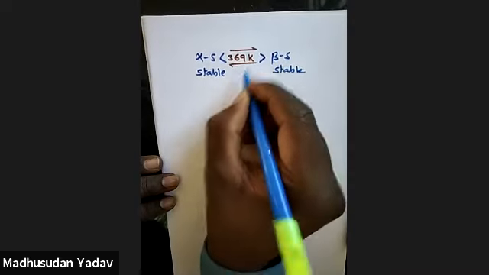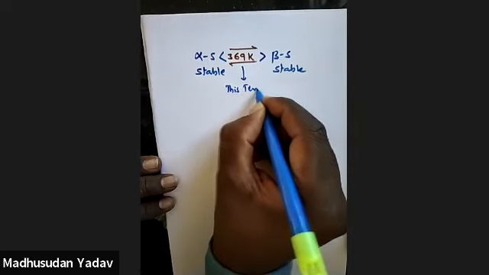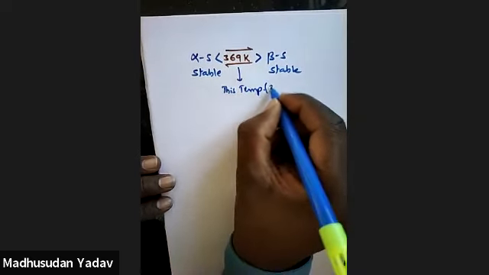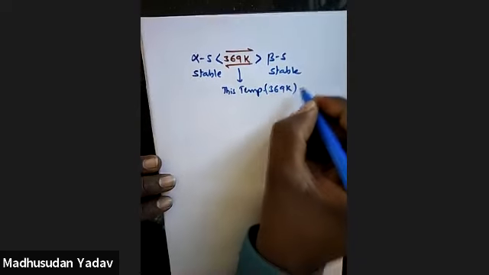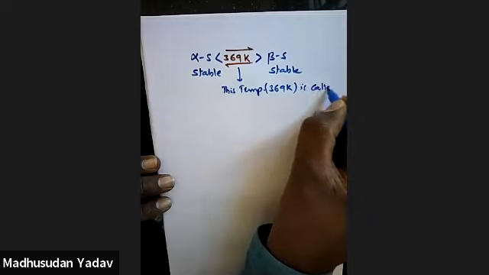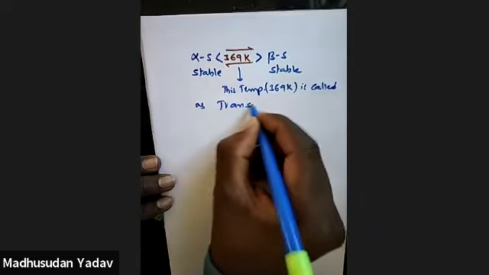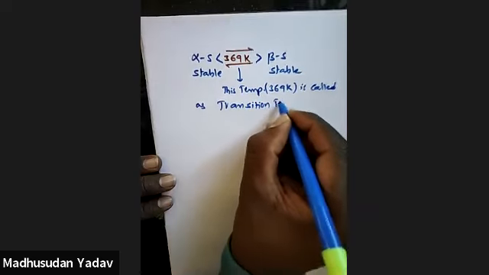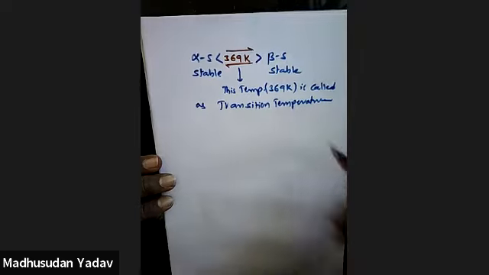This temperature, 369 Kelvin, is called the transition temperature. Very, very important point.